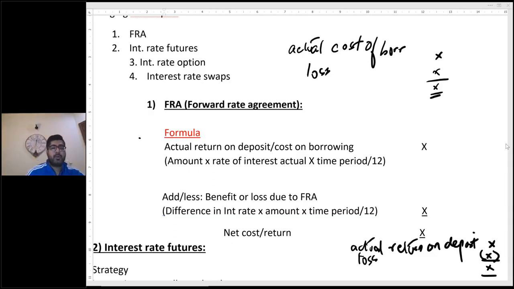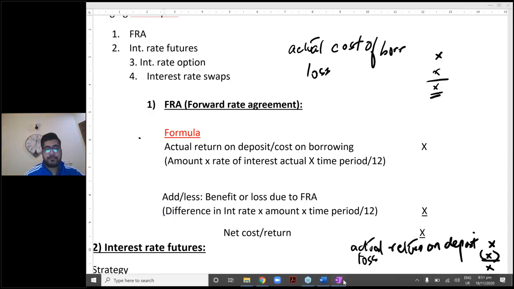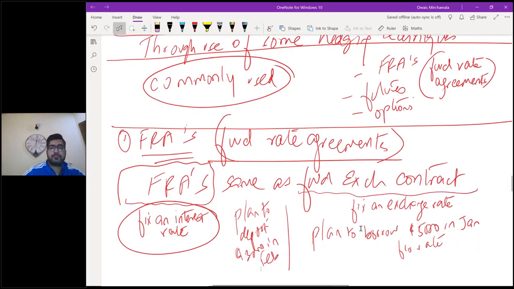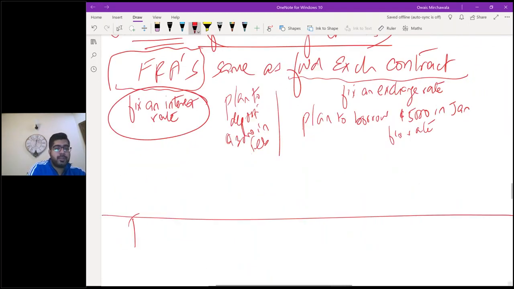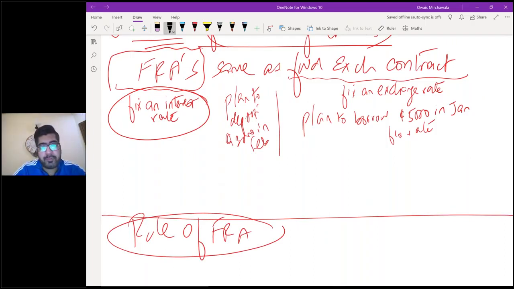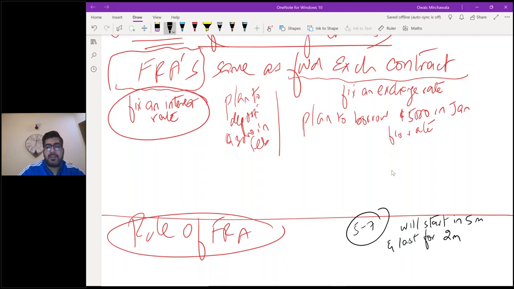Okay. Now also remember a rule of FRA which works in real markets as well. If FRA is 5-7, it means it will start in 5 months and last for 2 months.